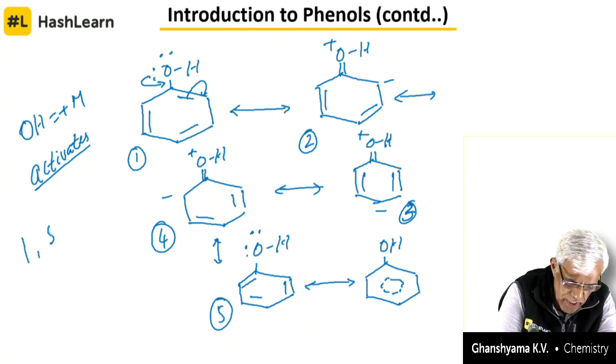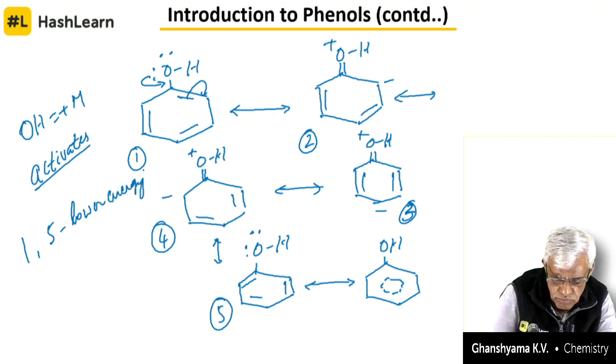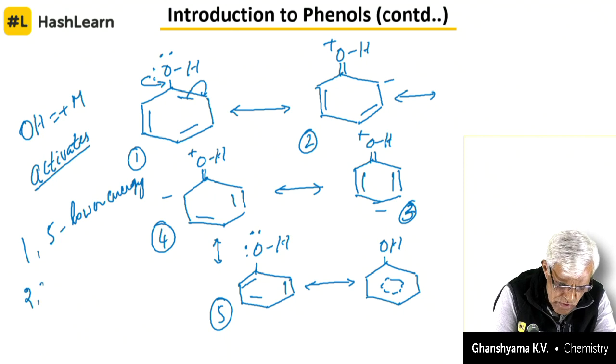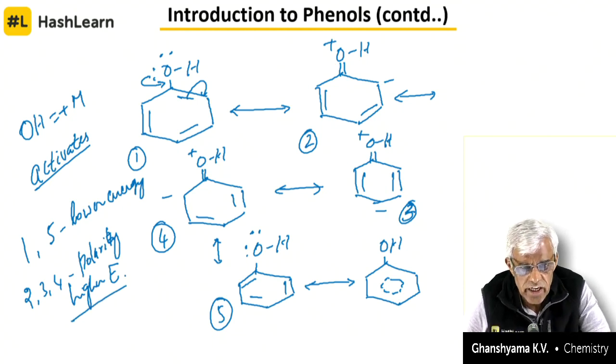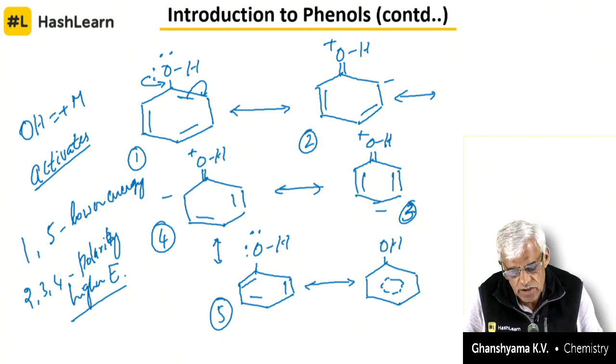1 and 5 have lower energy. 2, 3 and 4, because of polarity, they possess higher energy. Lower energy state will contribute to the maximum extent to this.